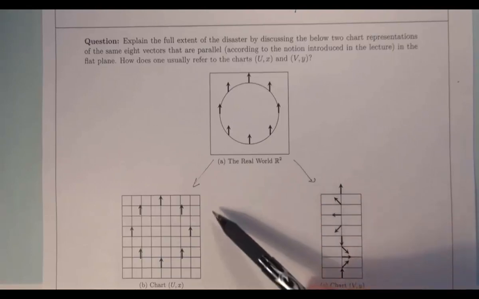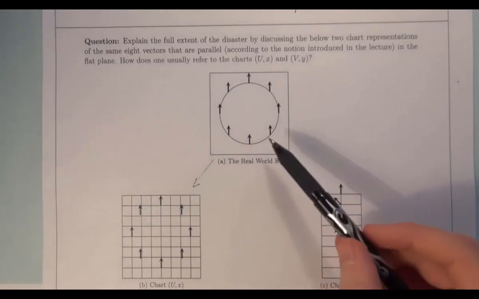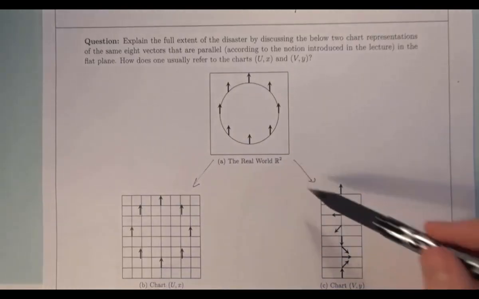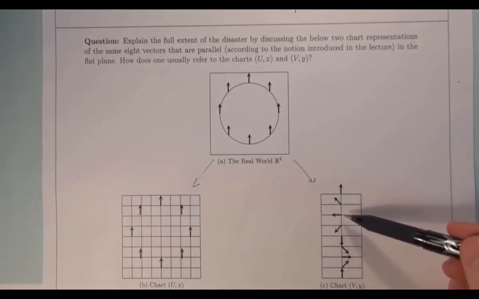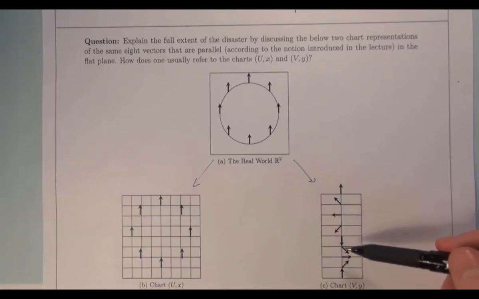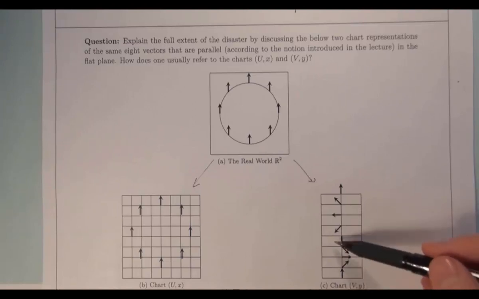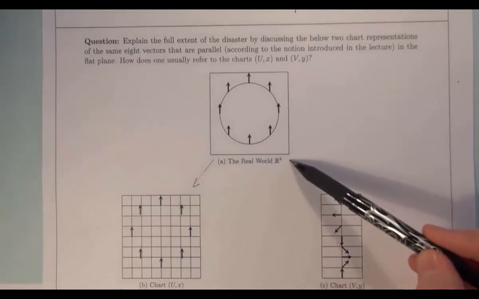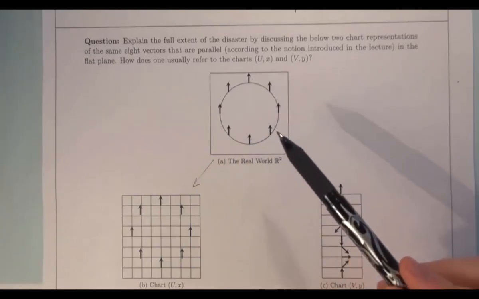So even if in one chart the parallel vectors from the real world also seem parallel in Hänschen's definition, in the other chart here they are not parallel for Hänschen. However, for us, they are still parallel, since we know that this is only the chart representation of these vectors, but we have to decide for parallelity on the real world, so on the manifold itself. And there we can see these 8 vectors are parallel.